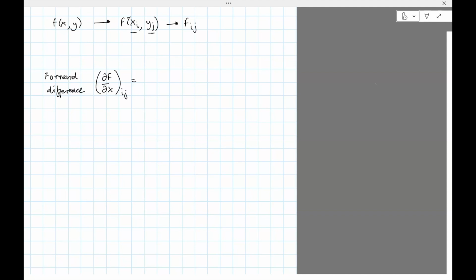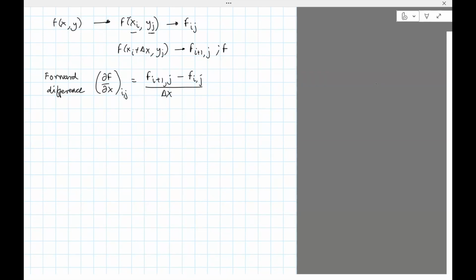So you will do the corresponding substitution: F of i plus 1, j minus Fij, divided by delta x. So what is F i plus 1, j? Xi plus delta x, yj would constitute F i plus 1, j. So it's the perturbation in the value of x.